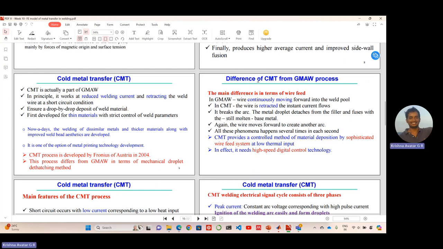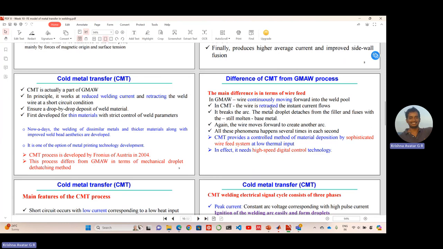So how does the CMT differ from the GMAW process? The main difference is in the way that we use the wire to feed the weld pool. In GMAW, the wire is continuously pushed forward into the weld pool, right?